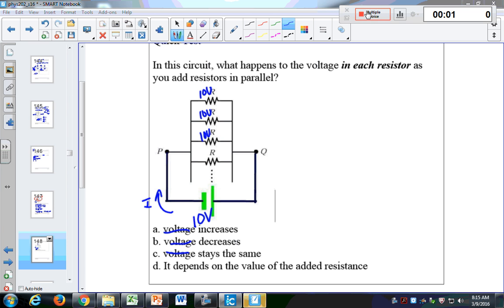Keep those same options, A, B, or C. As I add more and more resistors, what happens to that total current?